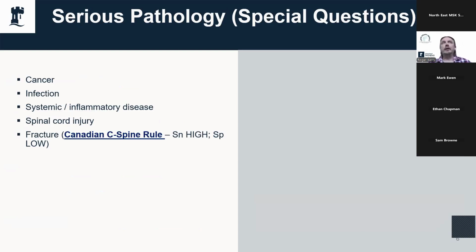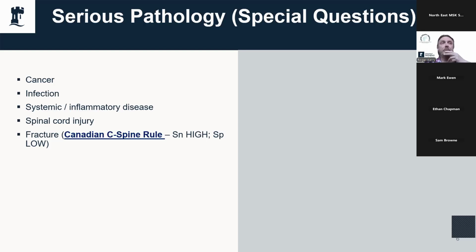If we are thinking about serious pathology and our special questions from a broad headline point of view, it's the same question and the same things to look out for as we would with any other area of the body in terms of risk factors and presentations for cancer, although I'm going to focus on some specific types of cancer you're more likely to see in people with head and neck pain.